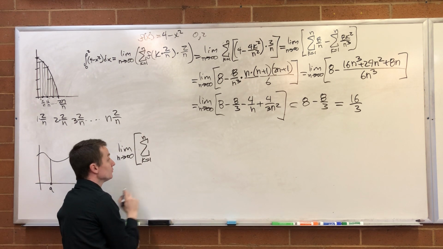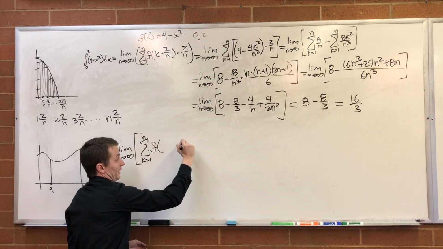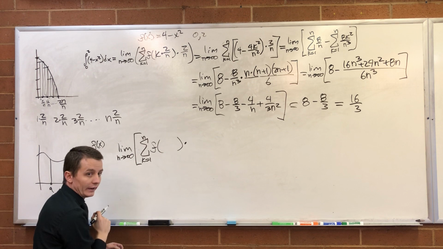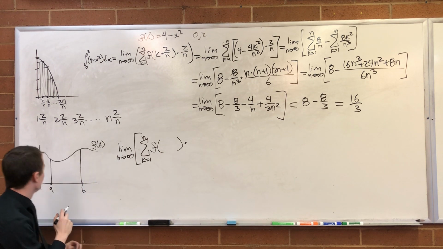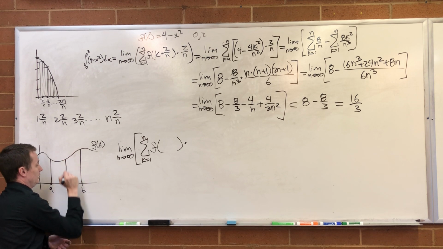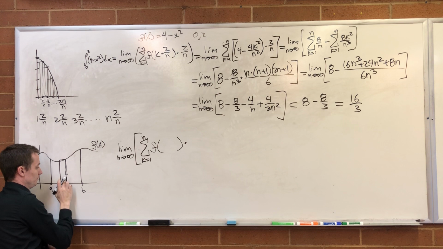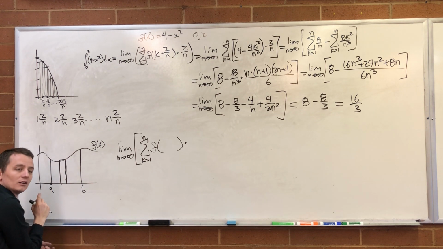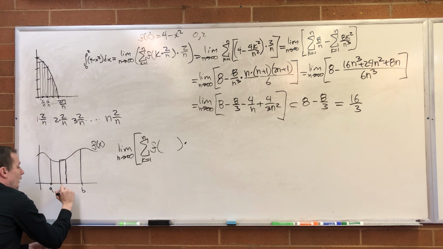Of f of, we'll figure out what that right hand point is generically, times the base, we'll figure out the base generically. Okay, so we're going to pick some generic rectangle in here and just talk about its coordinates so that we can do this in general. For some generic rectangle, what is the base going to be?